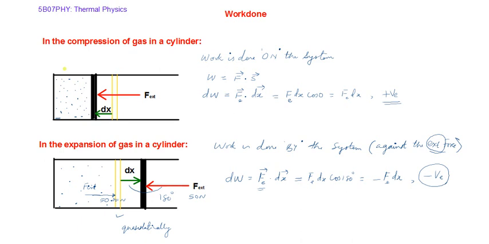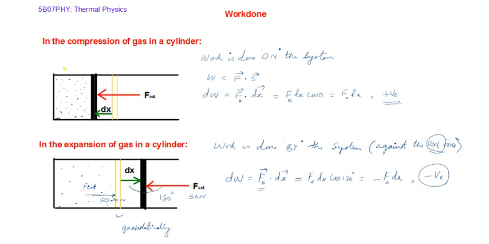Now just remember that you can think in this way: if these two vectors are in opposite directions, the work done will be negative, and if the vectors are in the same direction, the work done will be positive. I will just conclude with one example.